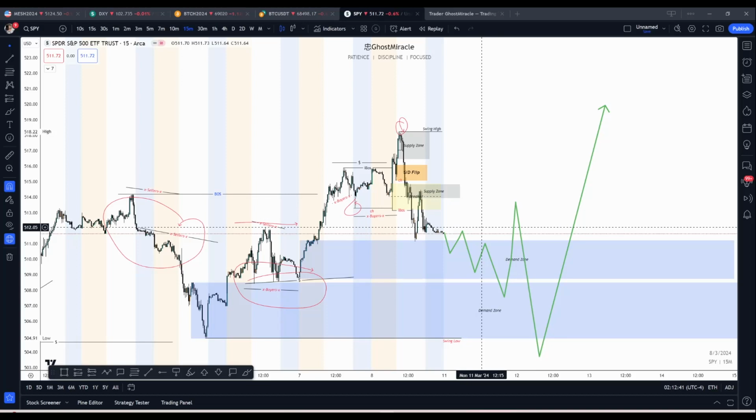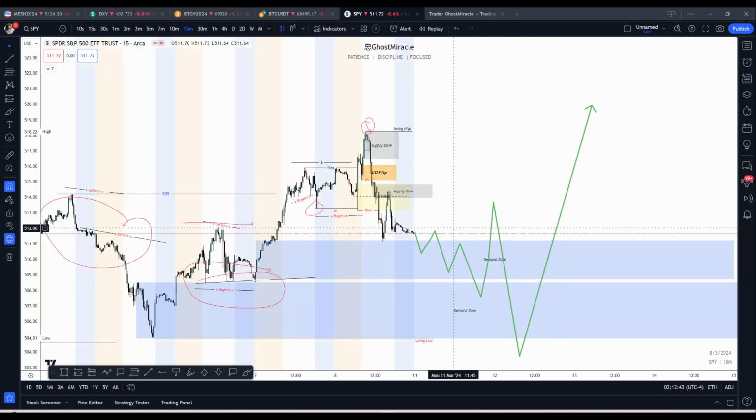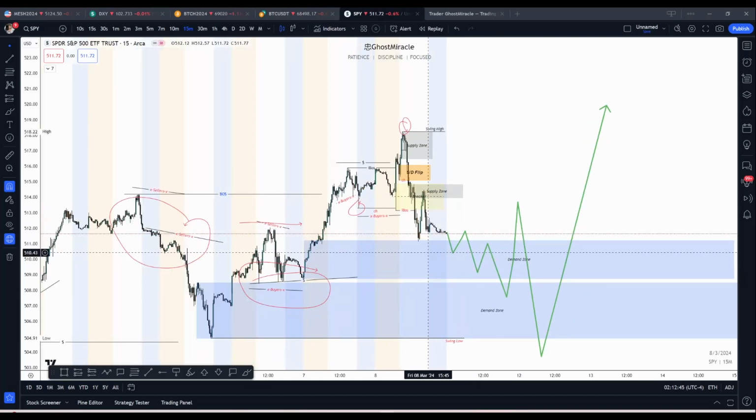Do I want price to just come back straight into the demand zone? If it does and buys up, cool. I'll wait for my confirmation, right?